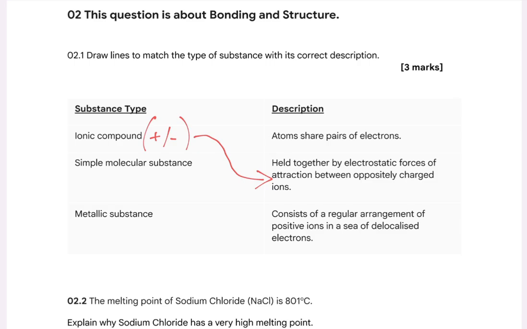And simple molecular substances, molecules, are formed when covalent bonding occurs, and that is done when we share electrons, which means that metallic substances, which is the one which is left, we know that this is the definition of metallic bonding really, where we've got this regular arrangement of positive ions with a sea of delocalized electrons. And so we're happy that that third one is good for that one.